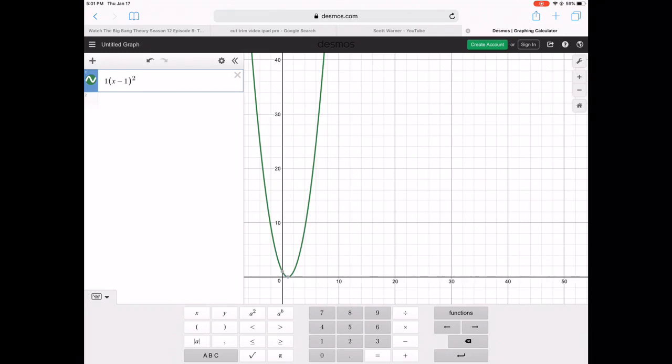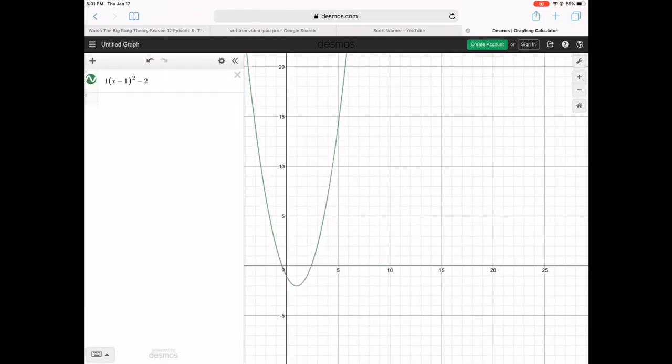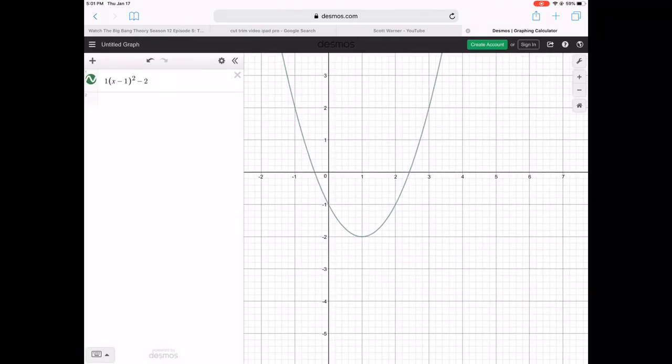If you tried to do this with your graphing calculator and you didn't know what a is, we have the right point, which is 1 comma negative 2, and that's what they told you, but we don't know what the growth pattern is. We don't know what a is. So we don't know really anything else about the equation except the point.